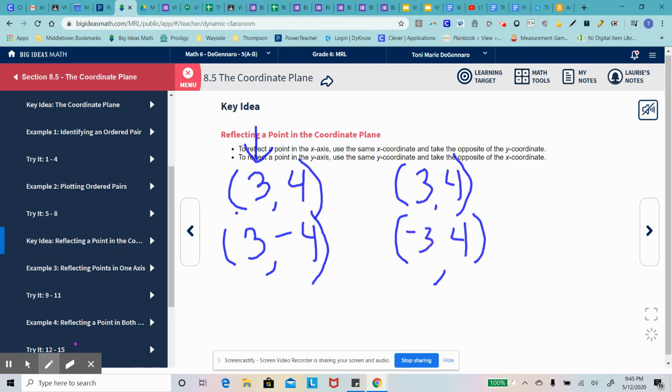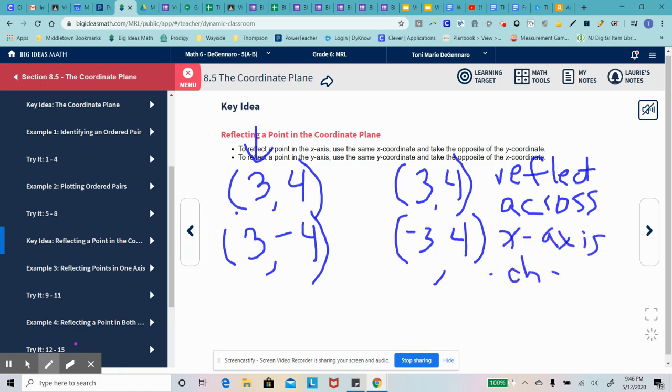So my little trick in my head is, for the first one, it says reflect across the x-axis. When we reflect across the x-axis, you're really just finding the opposite of the y.